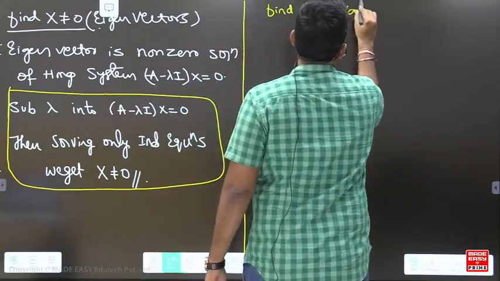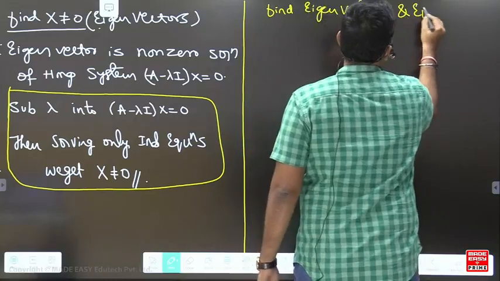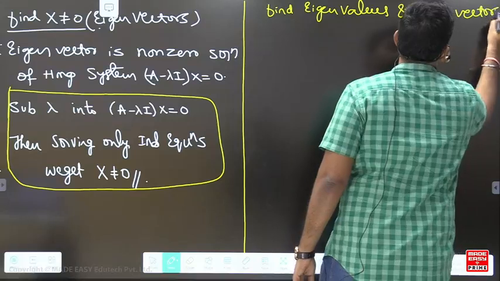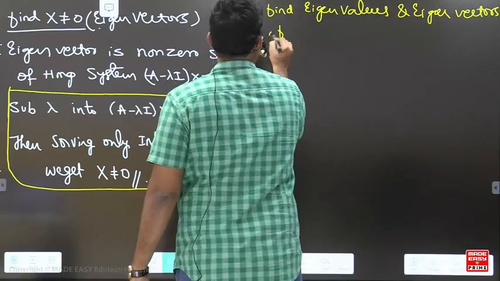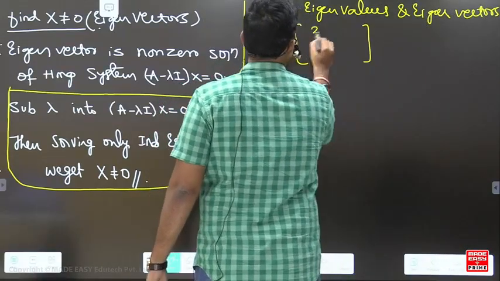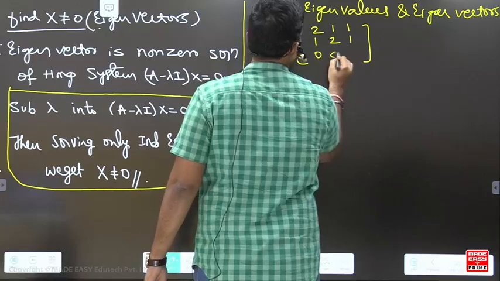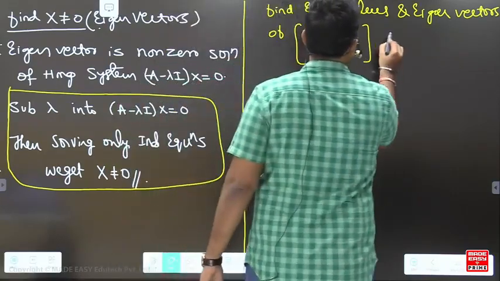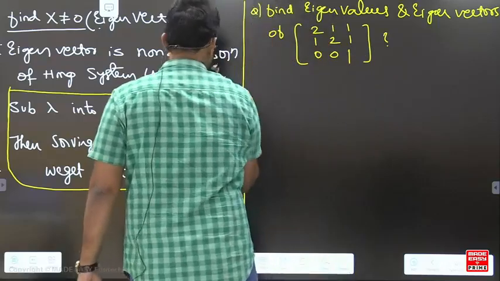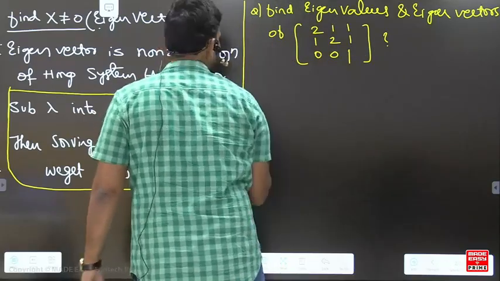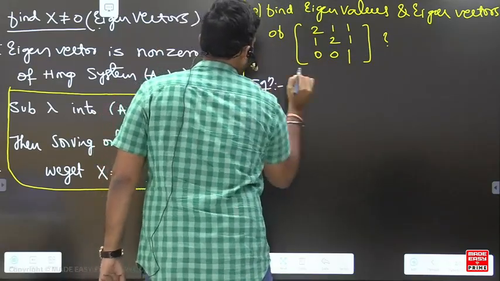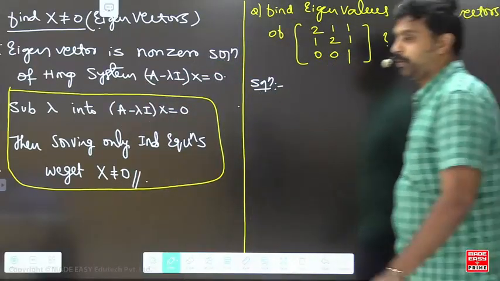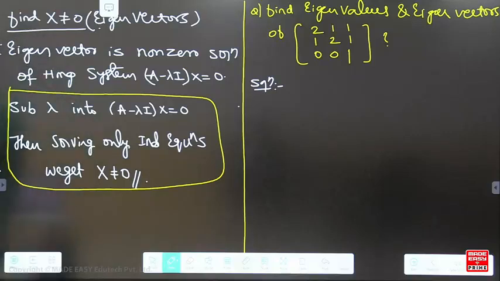Find eigenvalues and eigenvectors of the matrix 2 1 1, 1 2 1, 0 0 1. So this is the question. Now let's solve this.